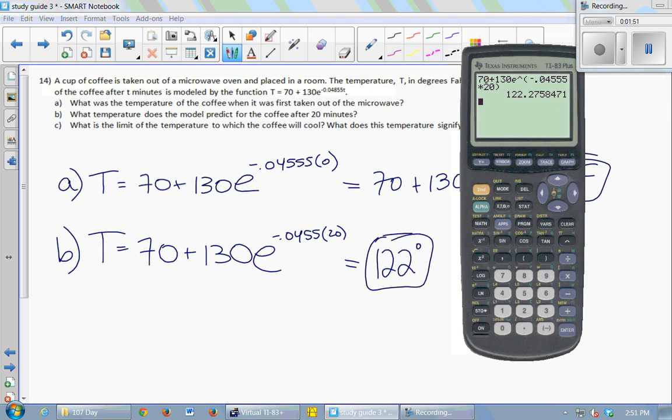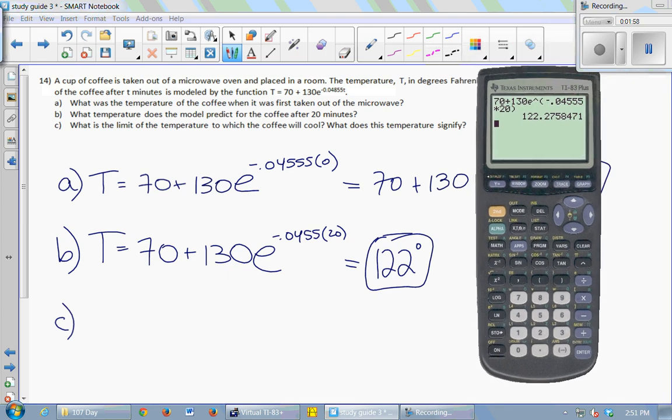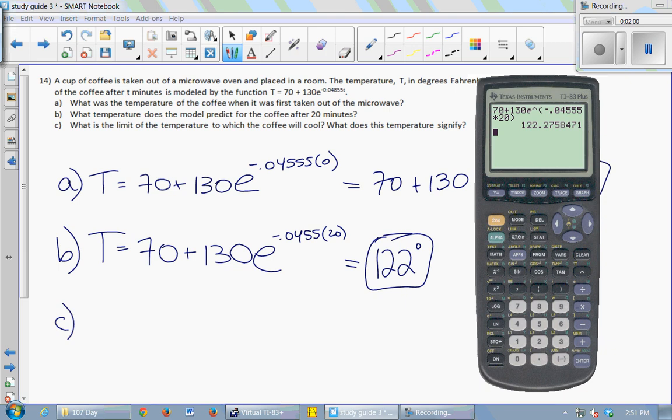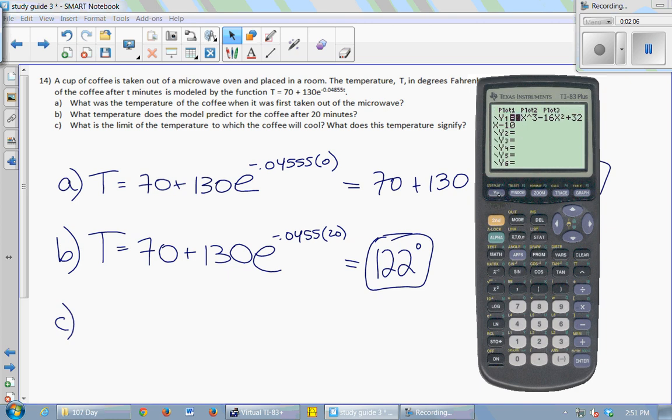And then C, what is the limit of the temperature to which the coffee will cool? And what does this temperature signify? Well, I'll have to look at a graph to see what temperature my coffee is approaching as time gets further and further on. So let's put my function into y1, 70 plus 130 e to the negative 0.04555 x.